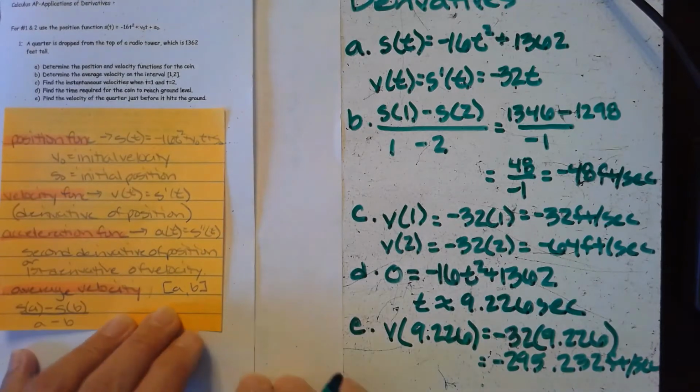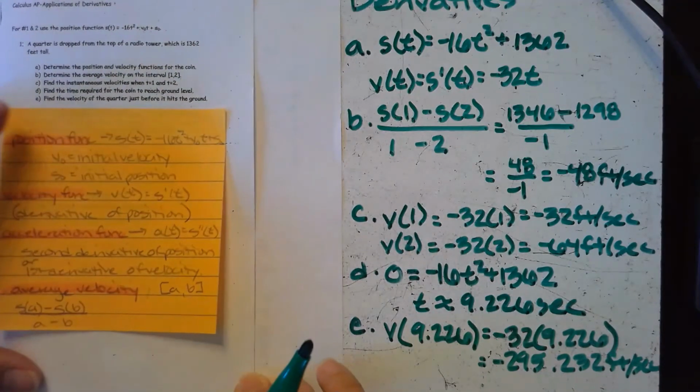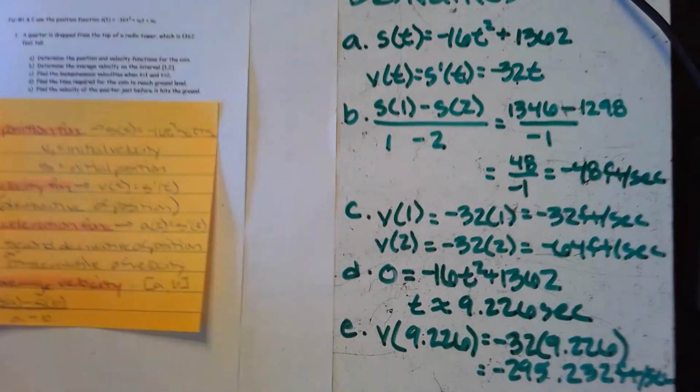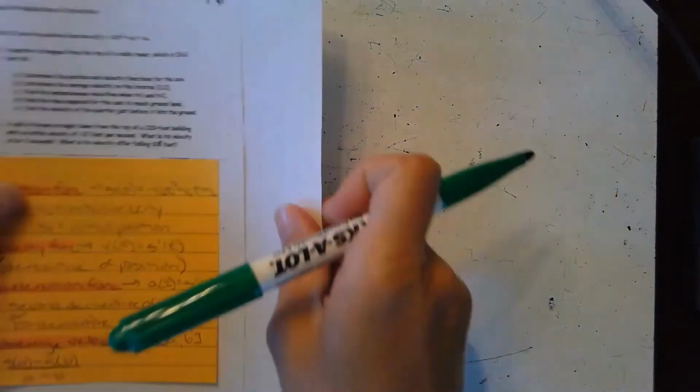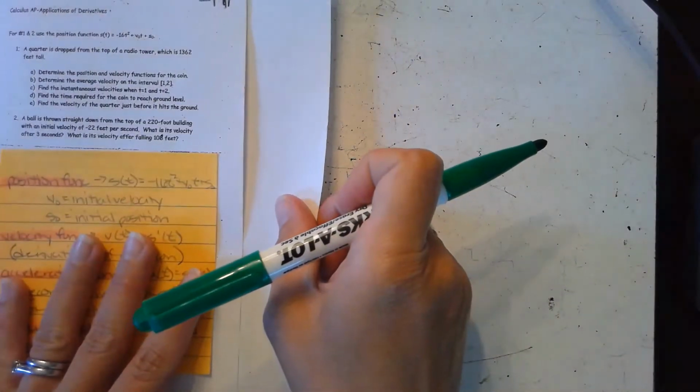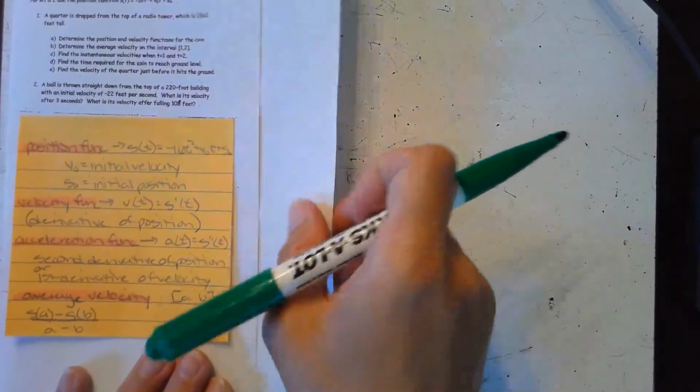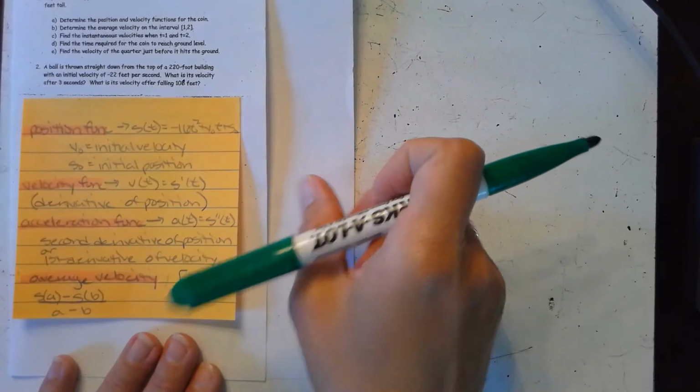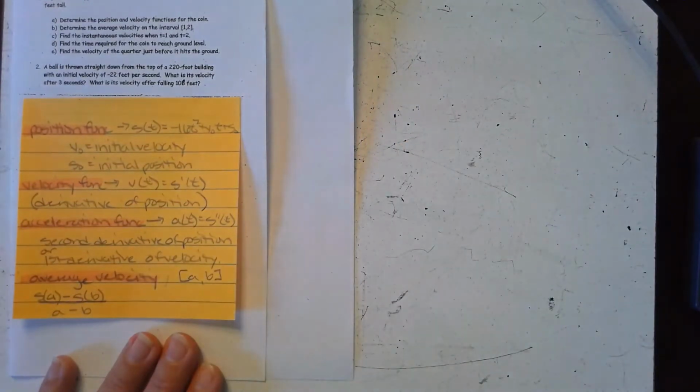Now, moving on to number 2. Keep the same idea of the velocity and the position function and so forth. So number 2, a ball is thrown straight down from the top of a 220-foot building with an initial velocity of negative 22 feet per second.